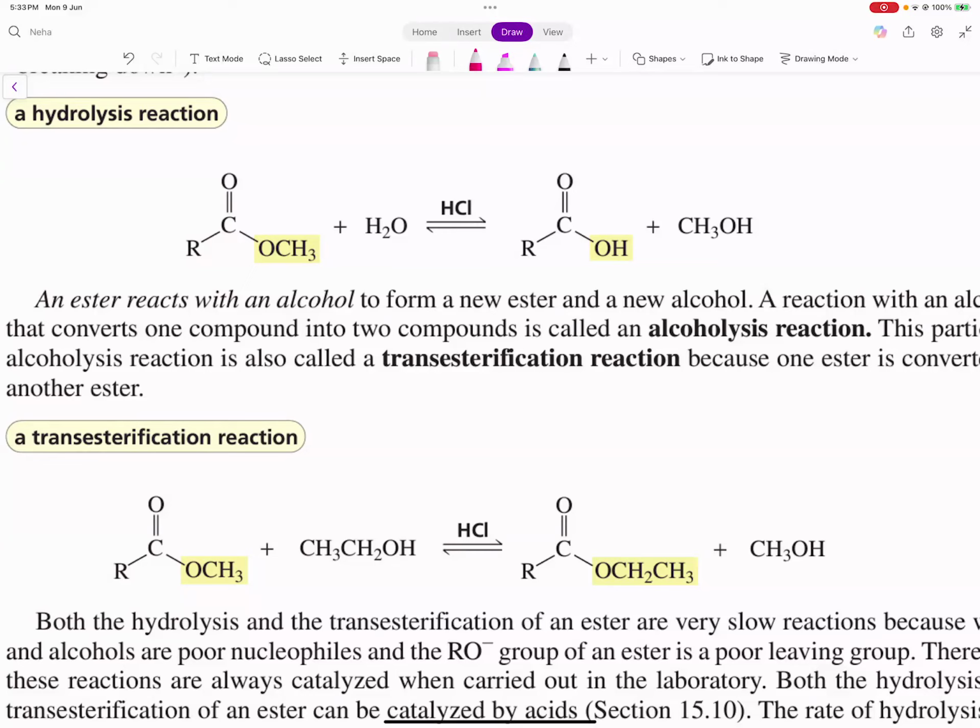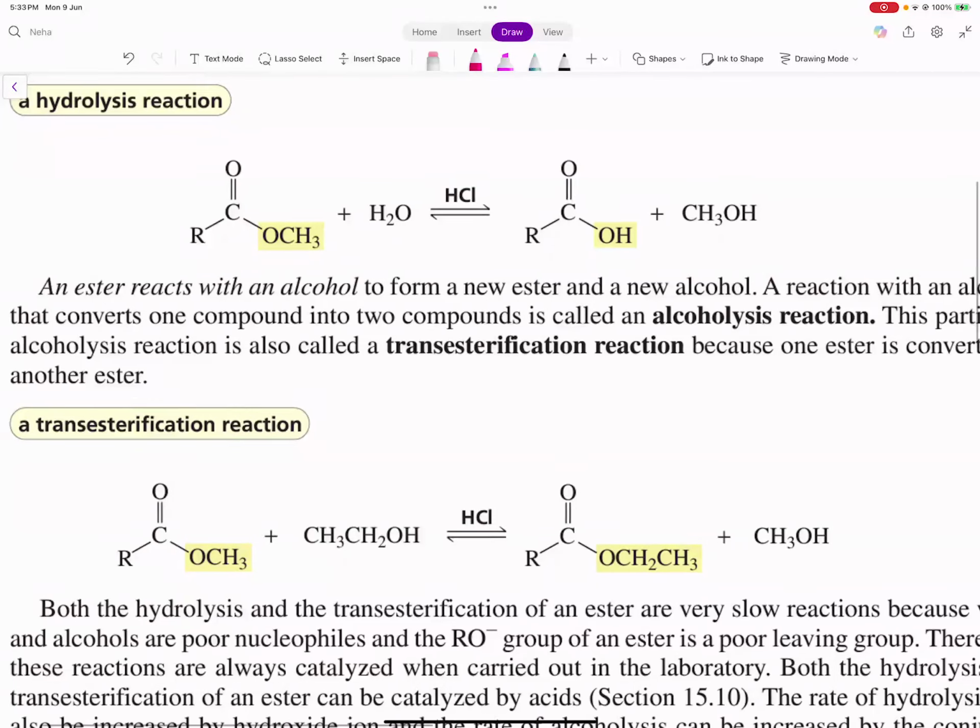Why? Because alcohol and water have similar pKa's. Also, you can see that we have used H plus. That is because CH3O minus is not a very good leaving group. So protonation occurs, and that helps it to convert into a better leaving group.